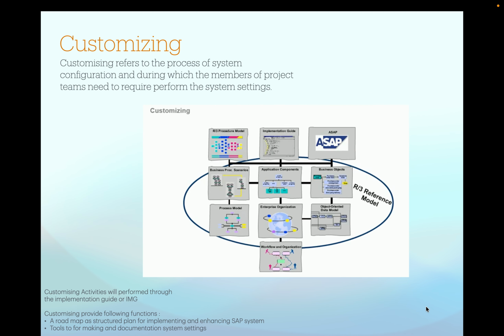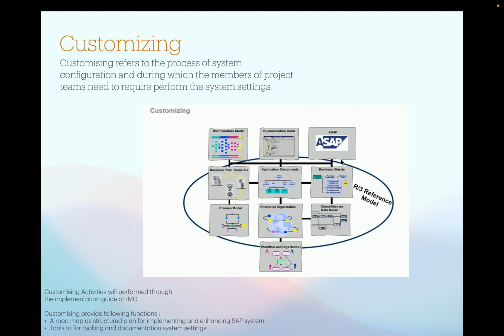Examples of the SAP implementation tools are as follows: the SAP R/3 reference model, the implementation guide or IMG, a complete list of all customizing activities. The R/3 reference model contains all the models used to describe the industrial process, such as the process model, data model, and the organization model.